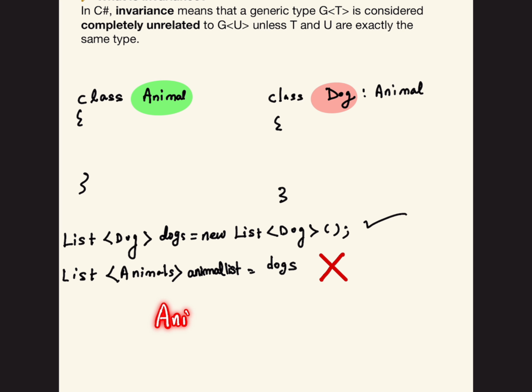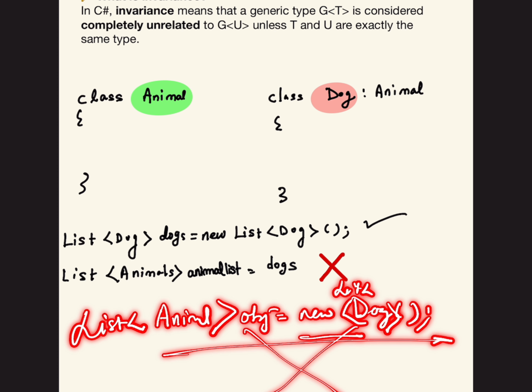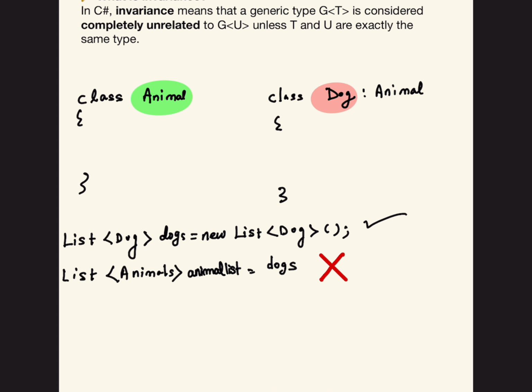Normally when you do this Animal obj equal to new Dog, that's going to work, right? But the moment I add generics here, List of Animal and List of Dog, that is not going to work. Now how to solve this?